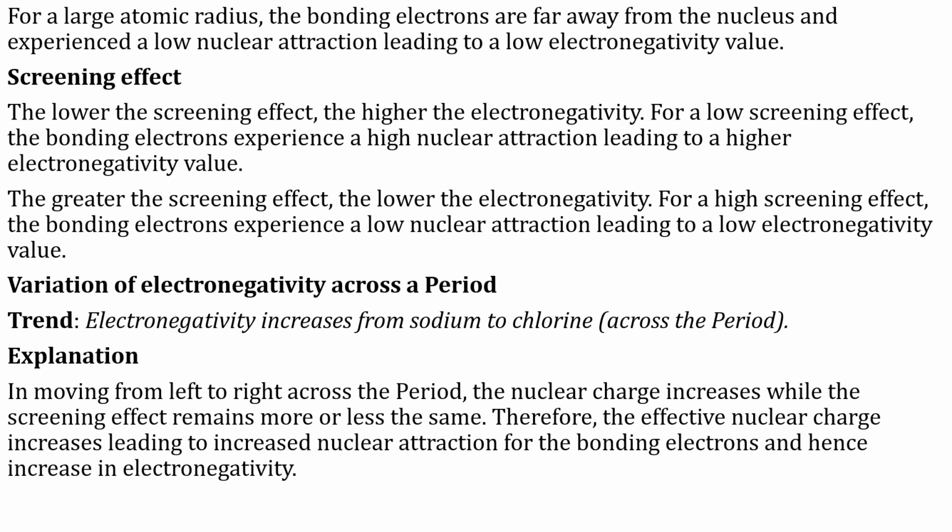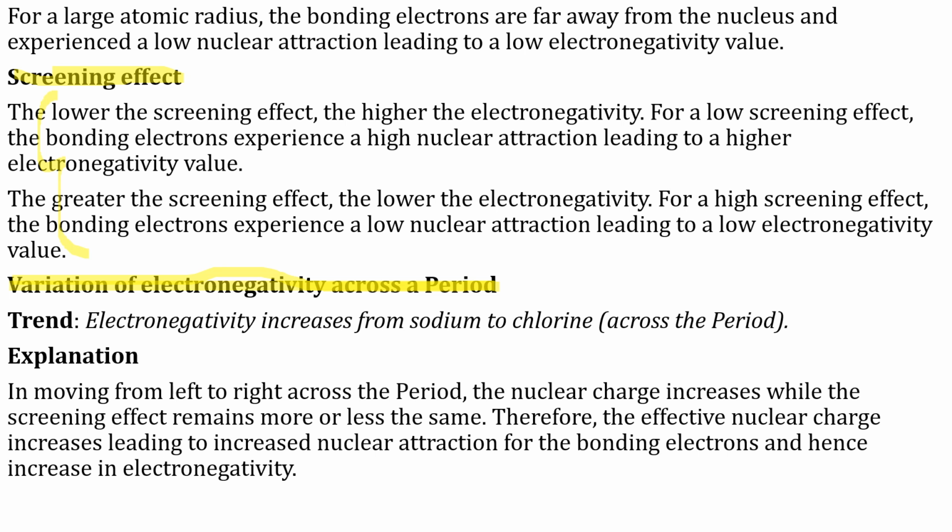Now looking at this, we shall also have the screening effect. These ones are going to remain the same, so I'm going to skip this one for a moment. Let's go straight to the variation of electronegativity across a period. As I told you, and I'm repeating this, questions will always come in such a way that they say state and explain a trend.